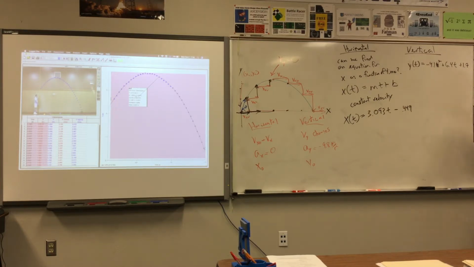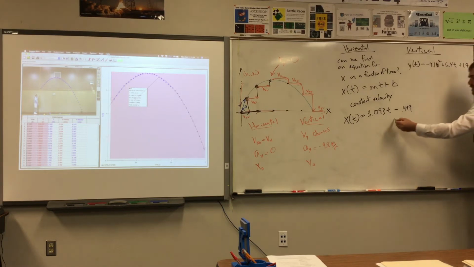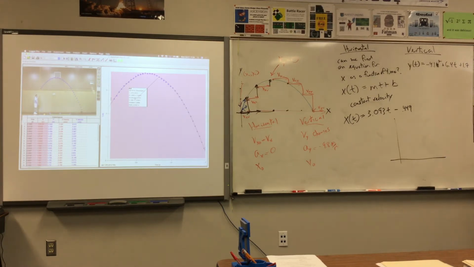So we've got X as a function of time and Y as a function of time. This is another way of doing something similar, but I'm going to show you.